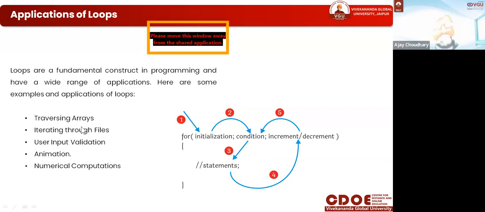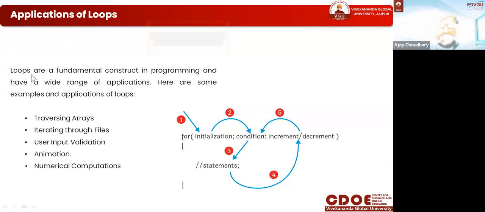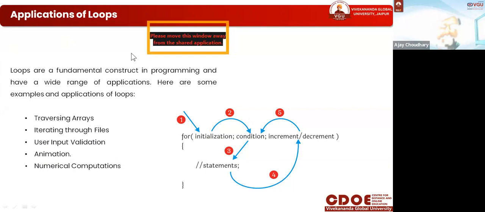Array means continuous memory allocation. We also learned in previous sessions what an array is. Array means we use the same data type in a continuous memory location. Iterating through files, storing our files, we use loops. We also use loops in input validation, in animation, and in numerical computations. That means all those applications use programming loops.